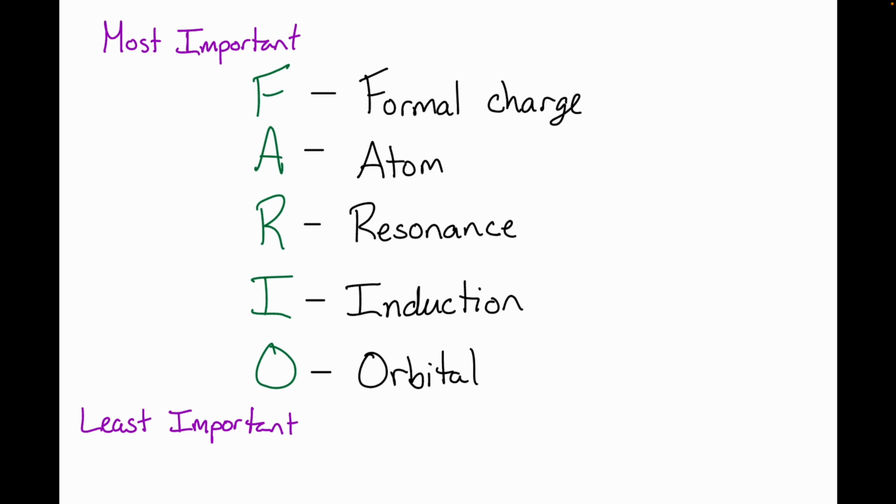So these are a ranked list of what's most important: the formal charge, then the atom, then if there's any resonance, then induction, then the orbital. The orbital is actually the least important here. Let's go one by one through these and compare each one. First of all, the F, our formal charge.